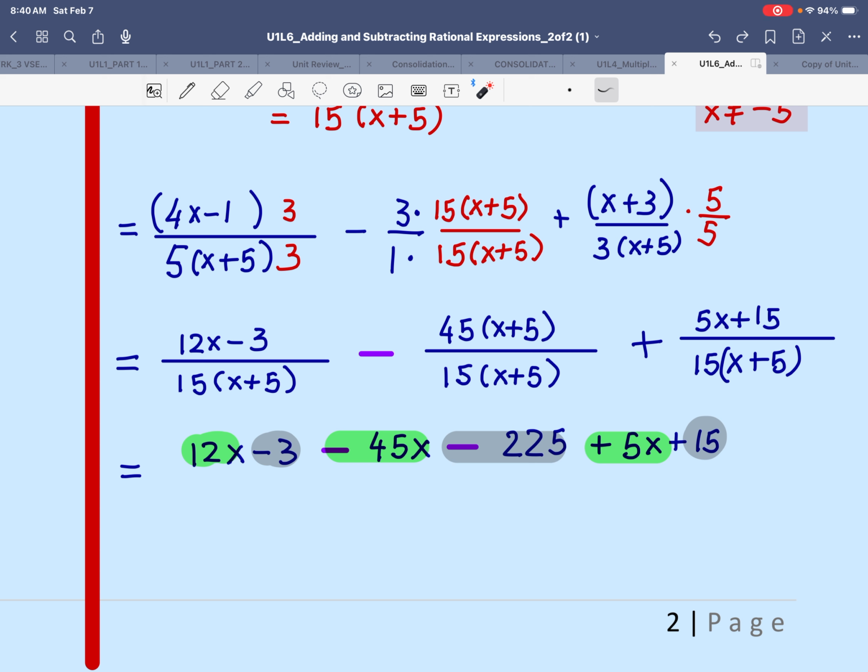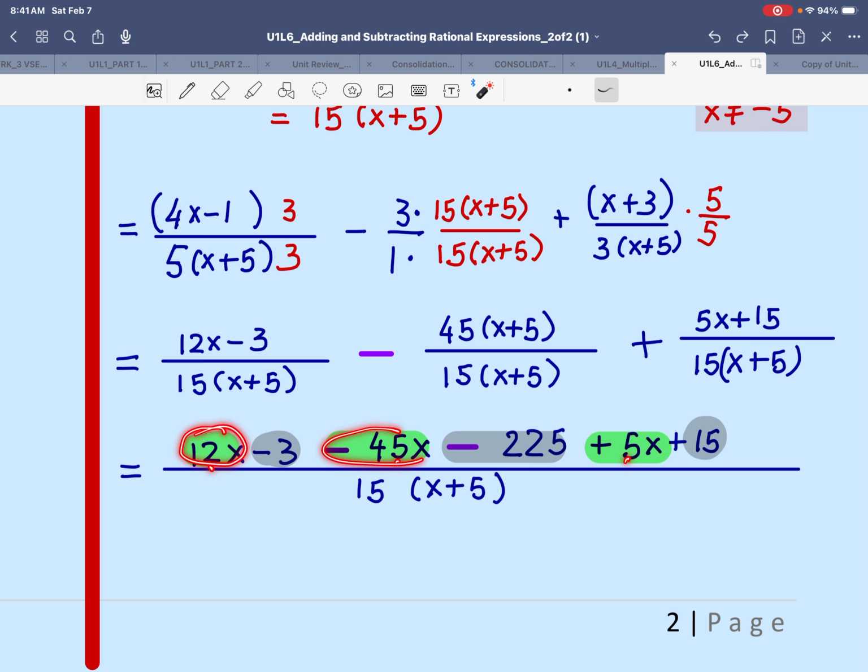When we have a plus, nothing changes, so you just add 5x and 15. And in the meantime, I highlighted the like terms to make it easier for us to simplify at the end, and everything will be under the same common denominator of 15x plus 5. Now continue on. We're going to collect like terms. You don't really have to bring them together in an extra step, just highlight them and add together.